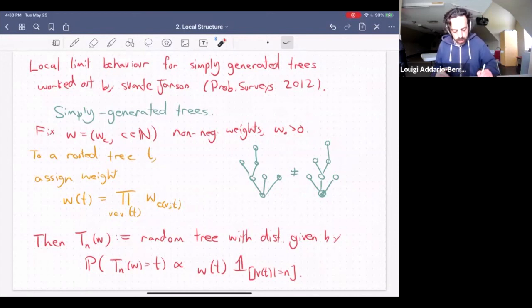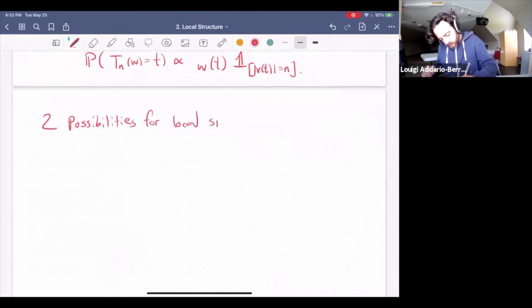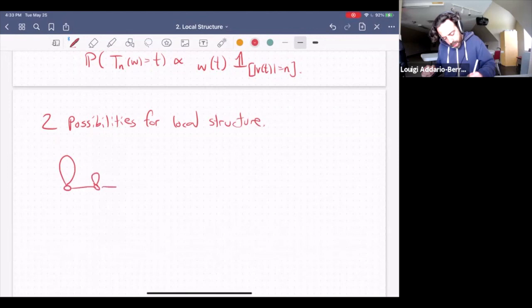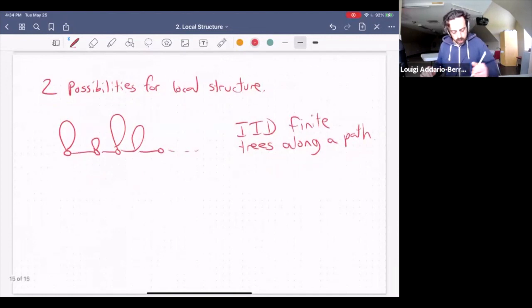Okay, so when you look at large simply generated trees of this kind, there's two possibilities for local structure. One is the picture we just derived, which is IID finite trees along an infinite backbone. And the second picture is a bit different.